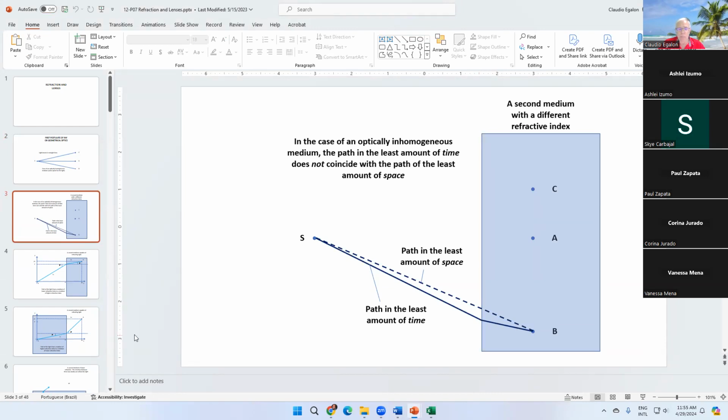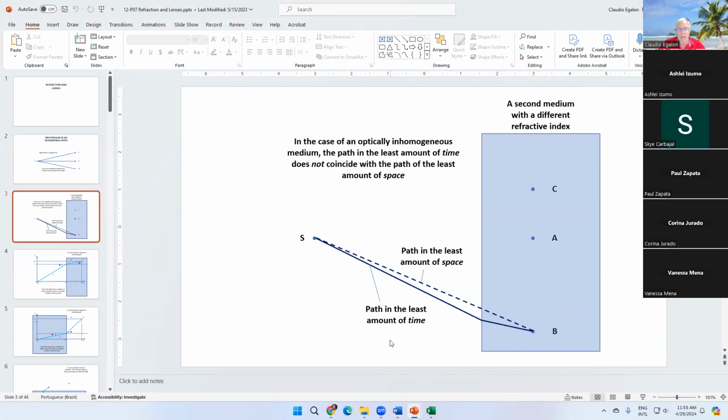It is possible to prove, according to the postulate of least time, that light rays that travel from S to B are going to take a turn here at the interface. The turn can be either towards the normal or away from the normal.